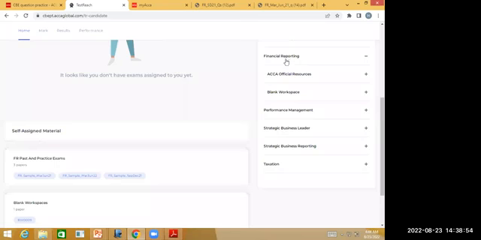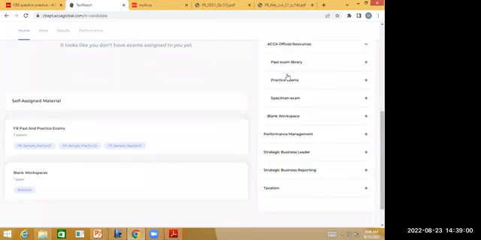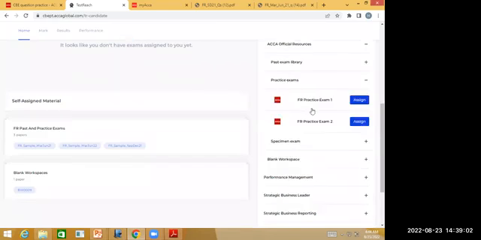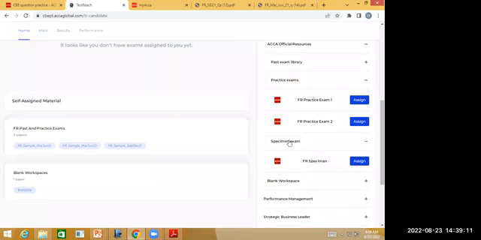So in the financial reporting area, blank workspace, ACCA resources, we have some practice exams. Have you attempted these 2 practice exams up till now? Not yet. So please try to attempt these practice exams along with one specific exam before Saturday.